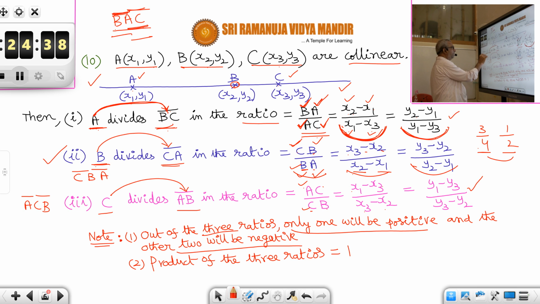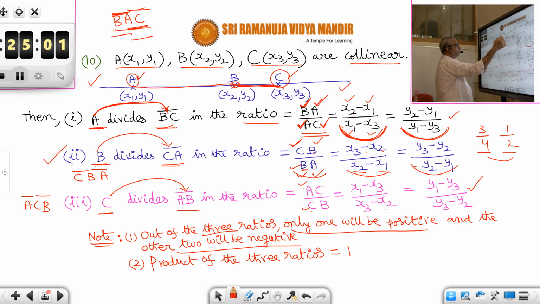First ratio is what? A divides BC. A is here, B and C are here. So A is outside the line segment BC, and the ratio will be negative. Similarly, the last one, C divides AB. So C is here. Where is AB? The line segment AB is on the left side here.